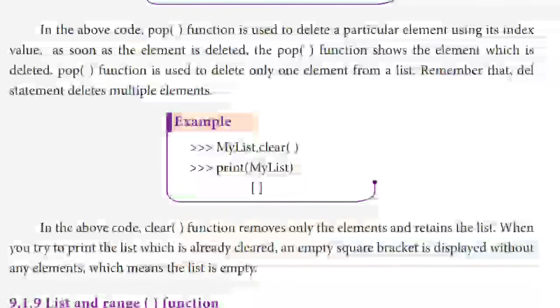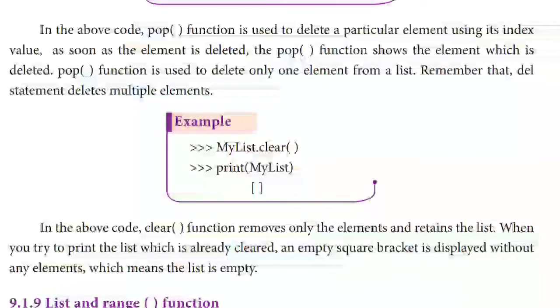To illustrate this, the next example is the clear function. So in the above, the clear function removes all the elements and retains the list. When you try to print the list which is already cleared, an empty square bracket will be displayed without any element, which means that the list is empty. So this clear function will remove the elements inside the list, but the list will be there.